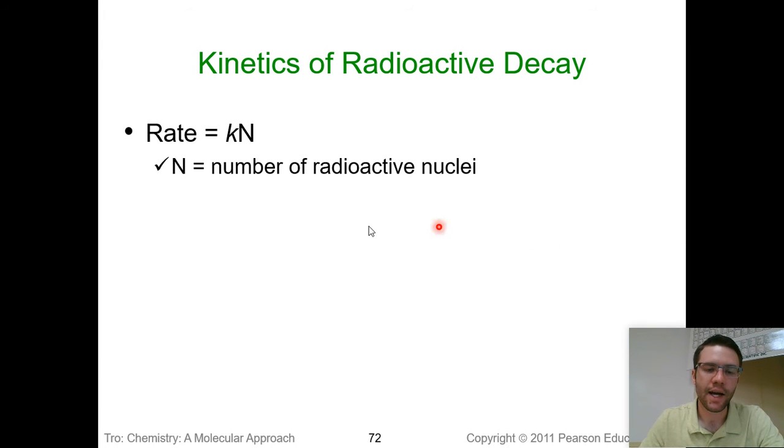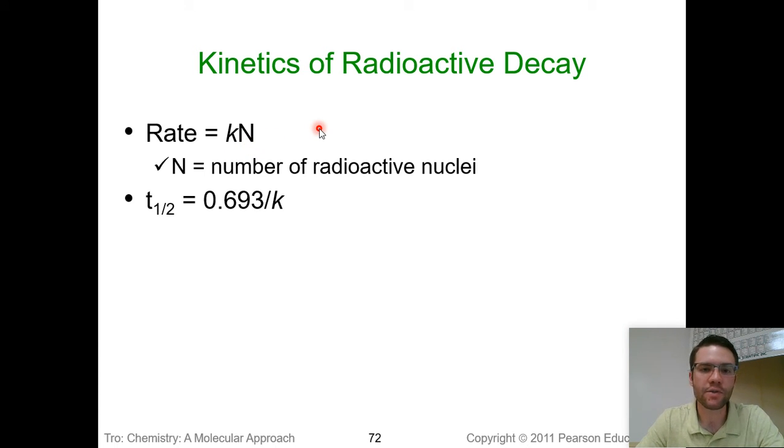So the rate law: rate equals k times, usually the concentration of reactant. But now we're talking about how many nuclides break down over time. So N is the number of radioactive nuclides raised to the first power because we're first order kinetics. There's only one thing involved, no multiple reactants. So that's my differential rate law.